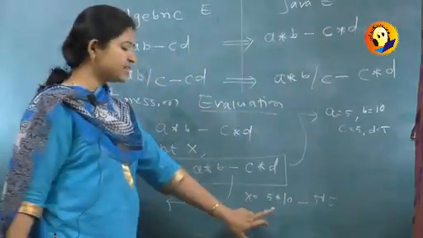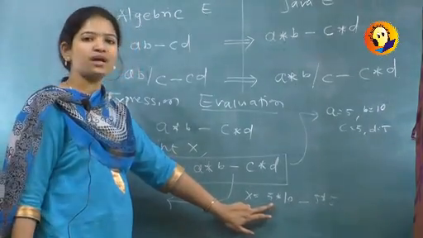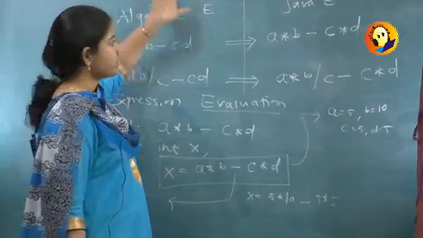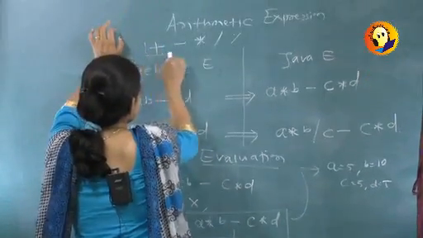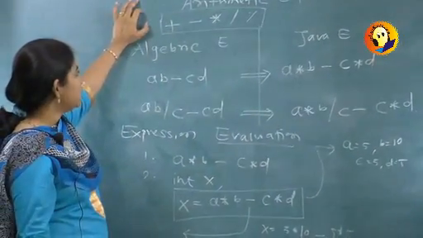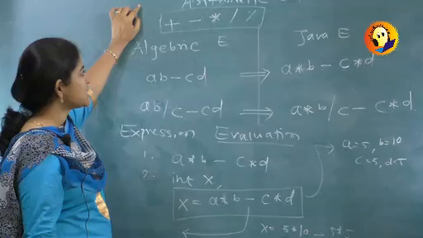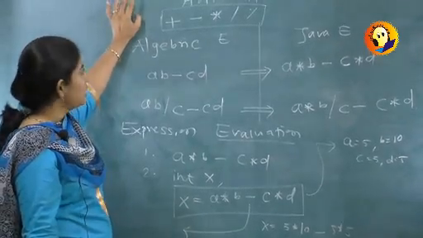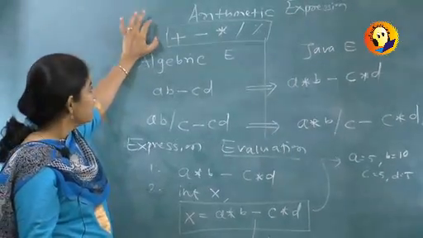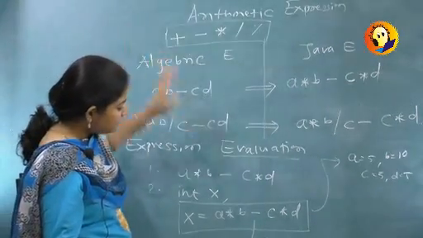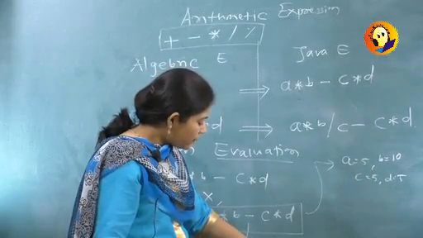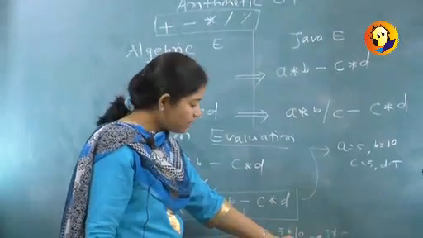For evaluating this expression, we need to consider the priority of operators. There are 5 arithmetic operators in Java, so if we want to evaluate an arithmetic expression, we need to consider operator priorities. Priority of operators is nothing but the ranking of operators. In this expression there are 2 operators, multiplication and subtraction.